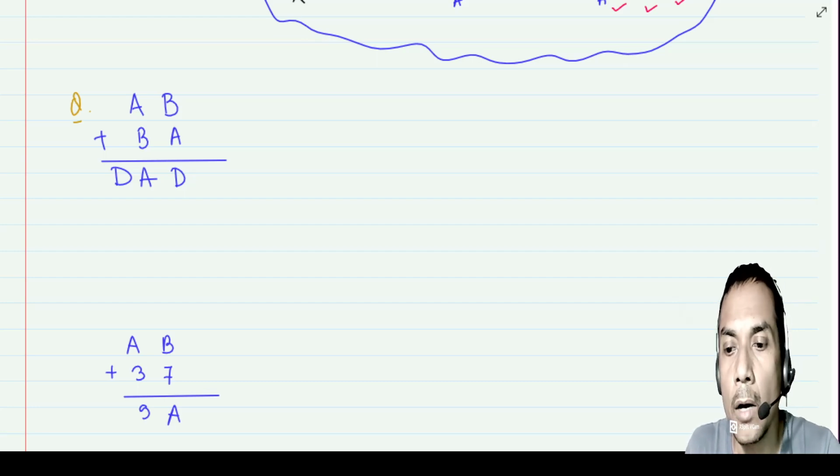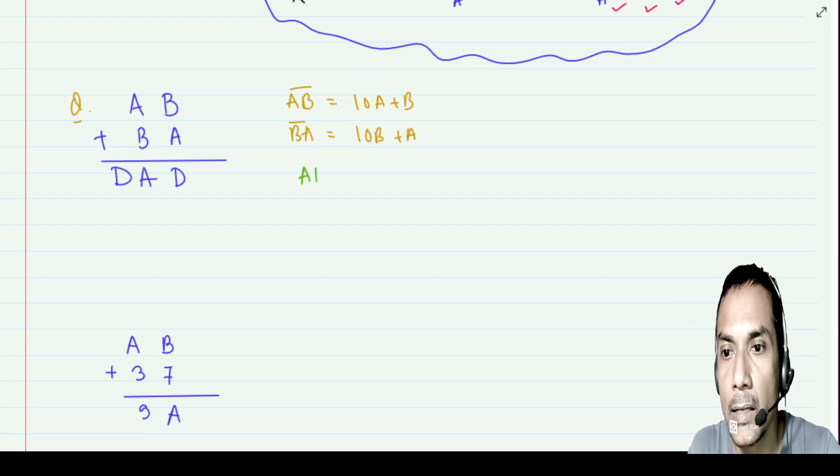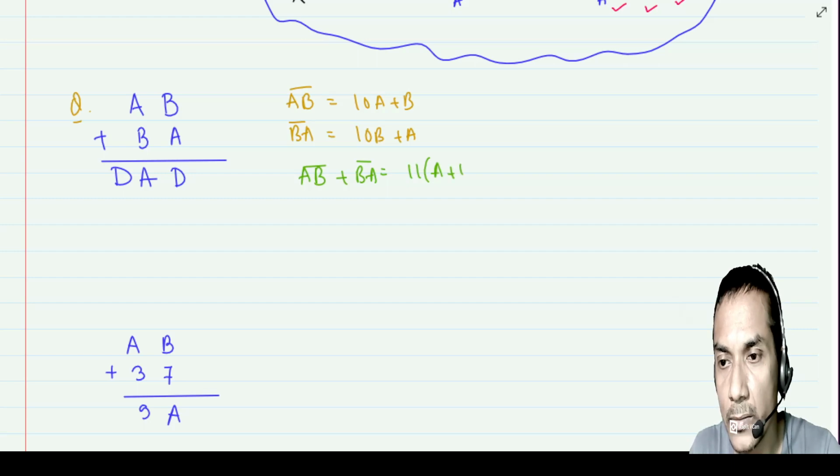Now we already know that AB can be written as 10A plus B, and BA can be written as 10B plus A. So finally we can write AB plus BA is equal to the sum, that is 11 times (A plus B). Clear? So it is very clear that DAD is actually a multiple of 11.